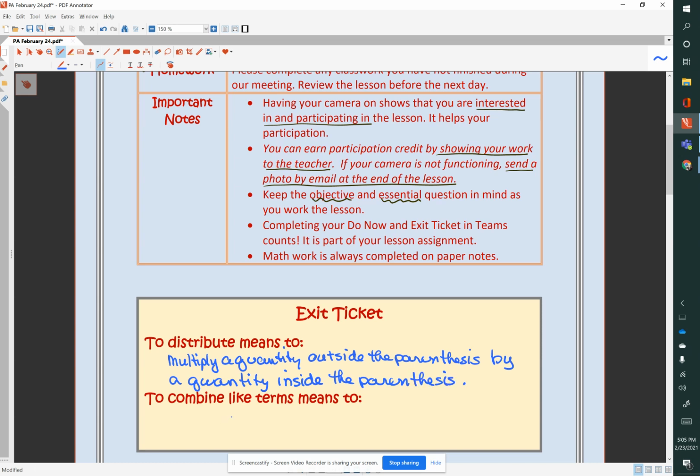To combine like terms means to collect like terms together, so that there are fewer terms in all.